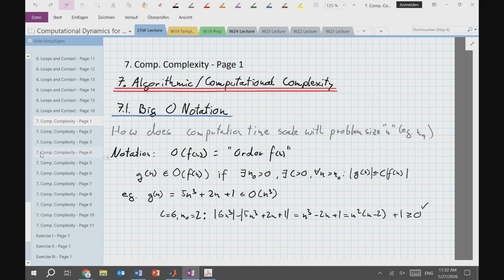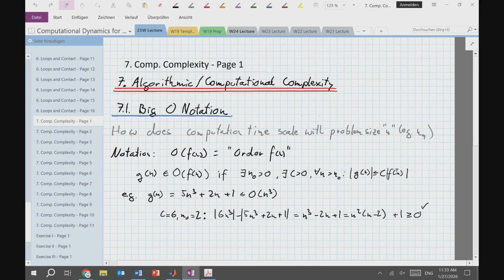And I gave you the formal definition of this order n notation, where a function g of n is of order f of n if it fulfills these rules, which basically mean that it scales less than or equal to f of n.